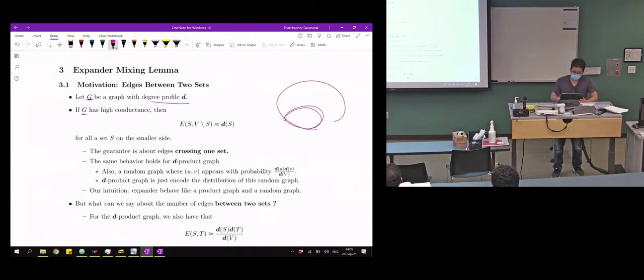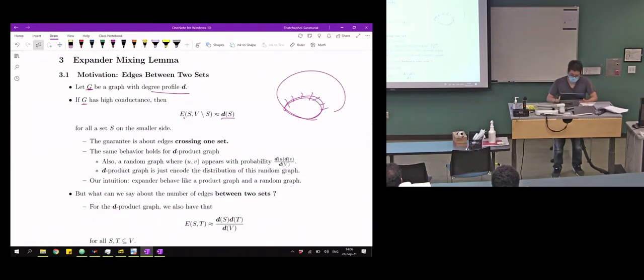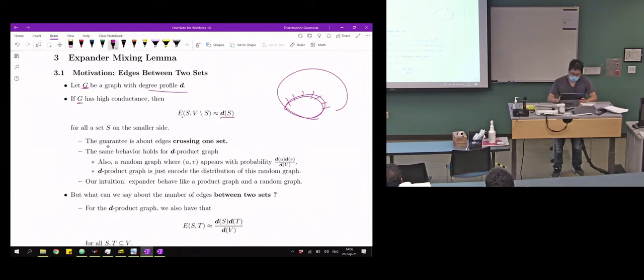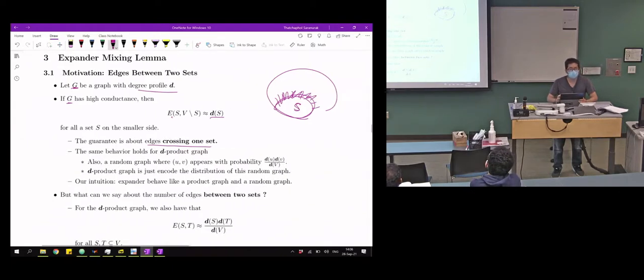We have that for every cut, the number of edges crossing the cut is close to its volume. That's the definition. So this is a guarantee about edges crossing one set S and its complement.